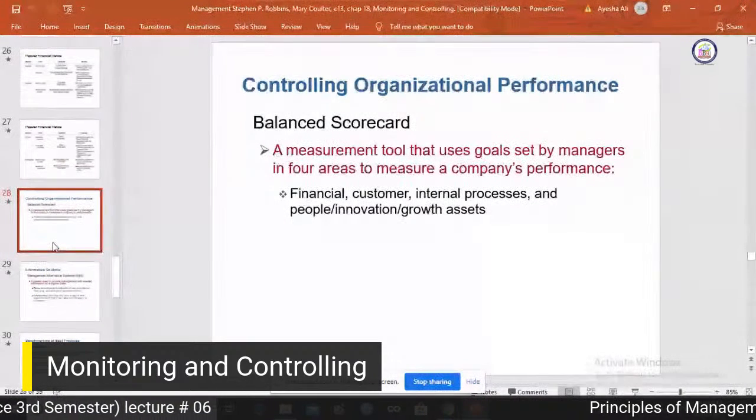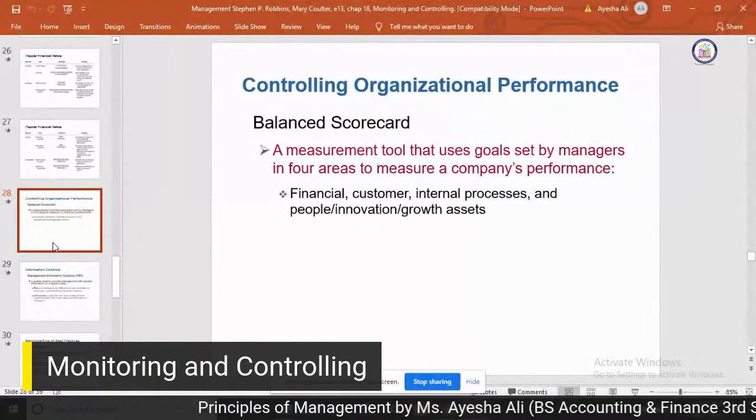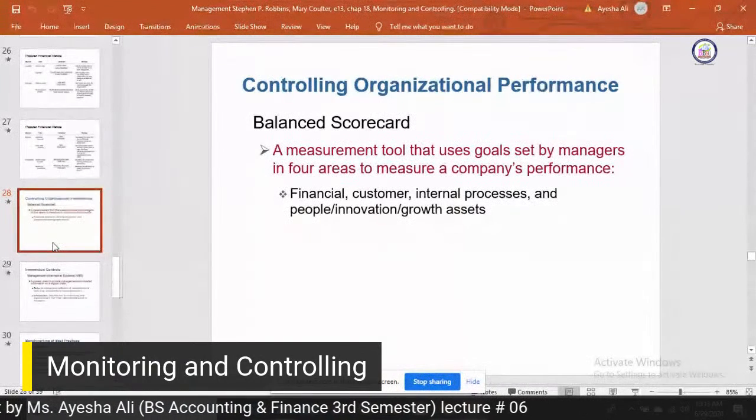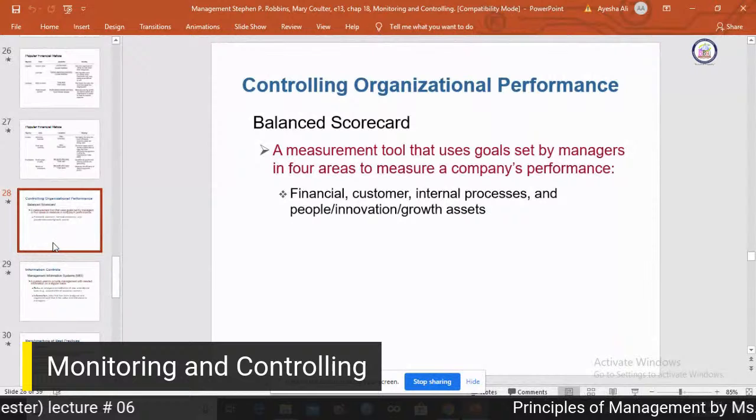So what is the position, the status, and the performance of the company? We evaluate that from this tool. The first one is finance. In finance, we learn about the financial condition of the organization.